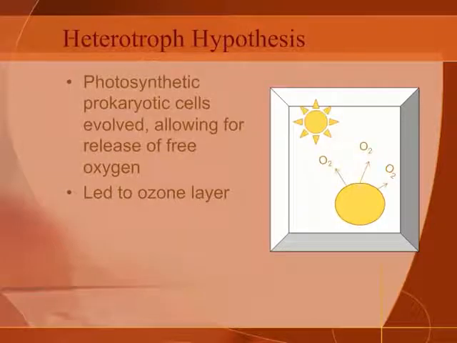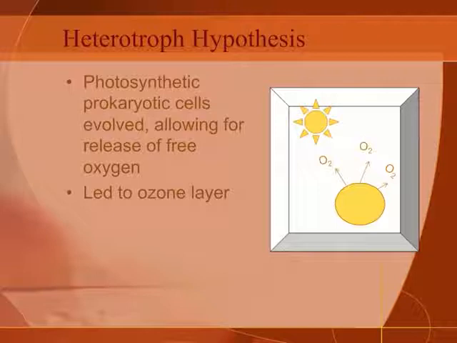The second step in the Heterotroph Hypothesis is shown by drawing a cell releasing oxygen when the sun is present. So make sure you draw that picture in the pane provided.